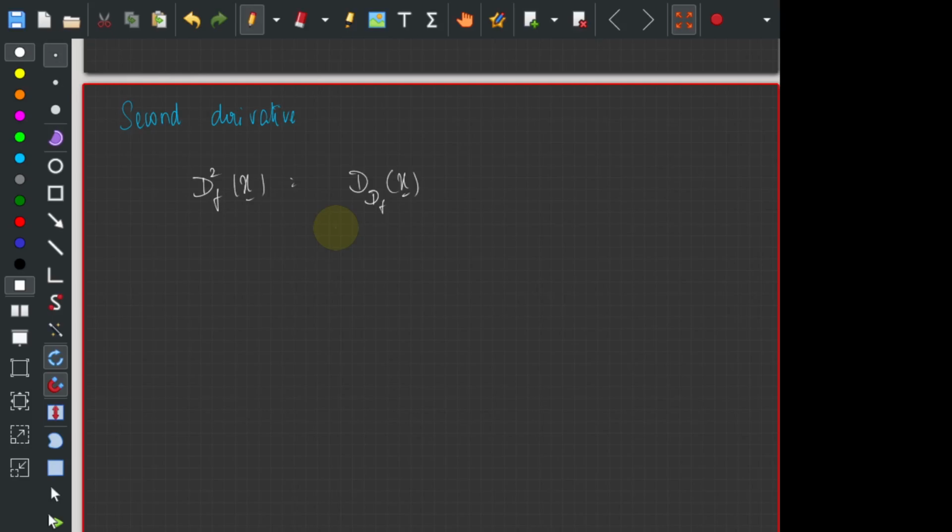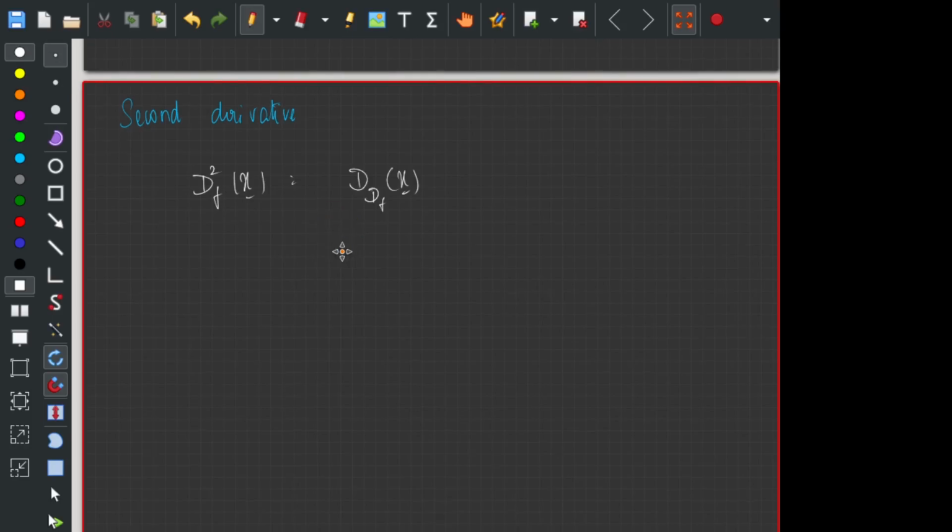So if I shift by delta x, then by how much is the slope going to change?